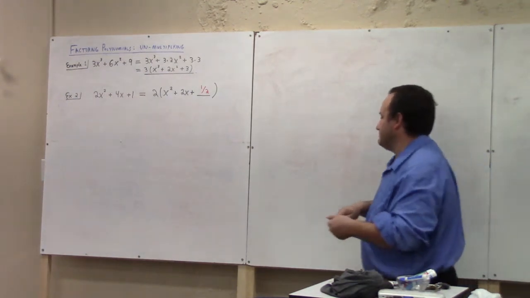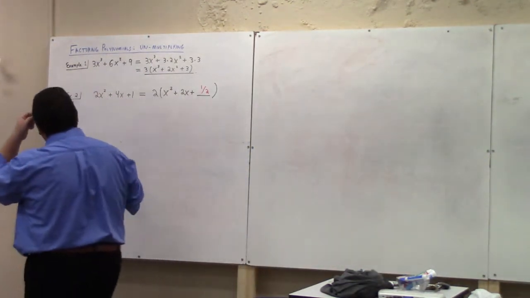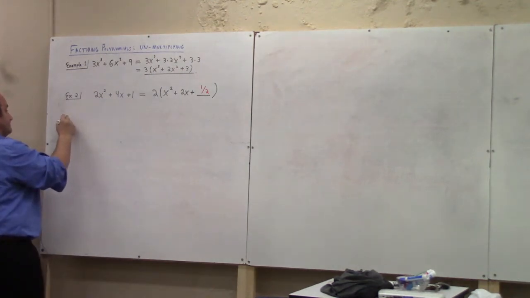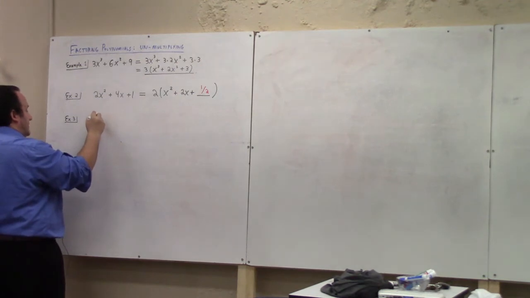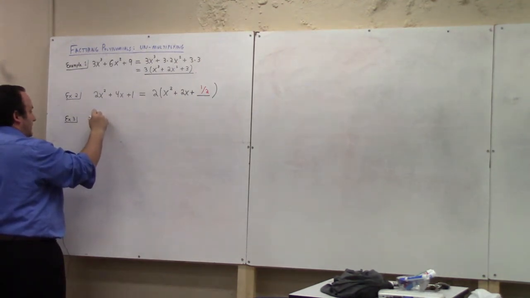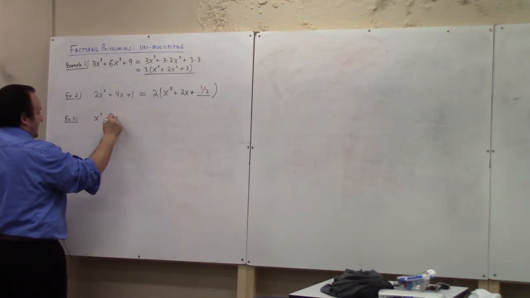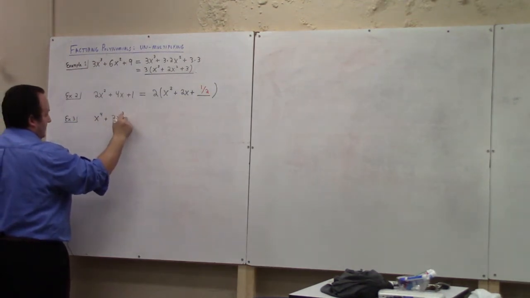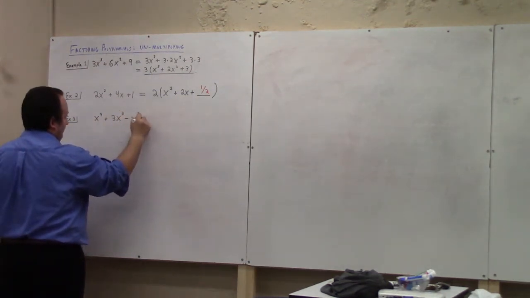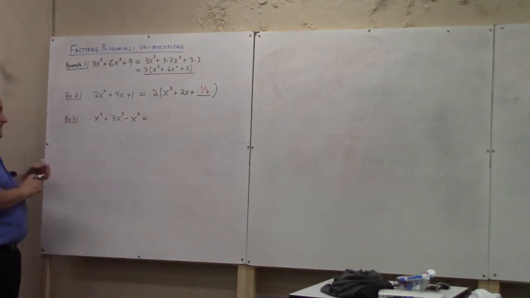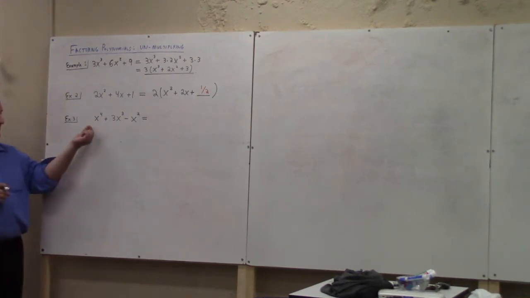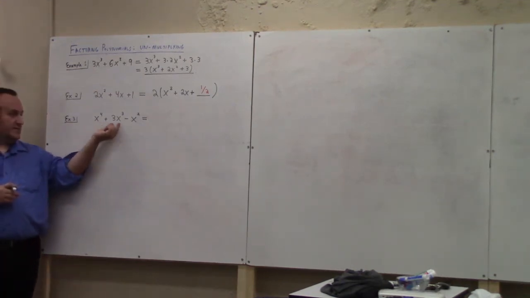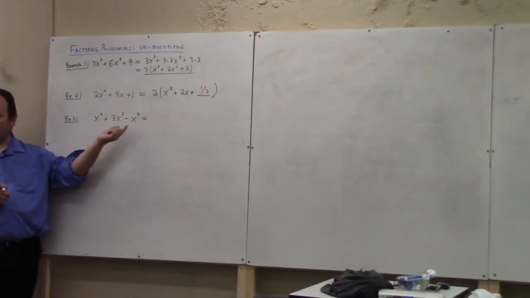All right. Example 3. What if we had something like x to the 4th plus 3x cubed minus x squared? Let me point out that we can extract an x squared from each one of these terms, right?